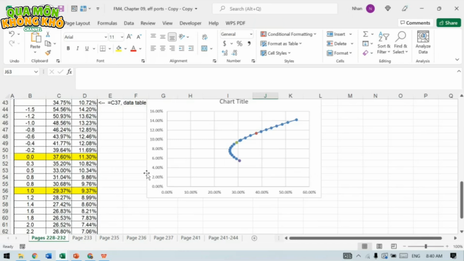So can you show us this portfolio in your envelope here? I think it's somewhere here. Yes. Do you remember the formula to identify the minimum variance portfolio?